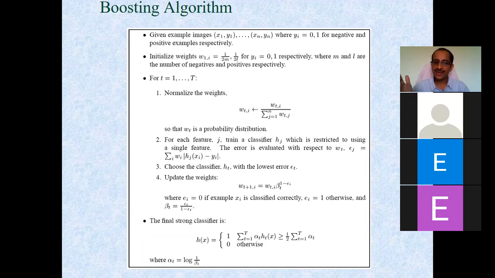Now, even the second classifier might miss some of the image face samples. Then those samples' weights will be increased in the next iteration, so that the third classifier will classify them correctly. At each stage, the combination of these weak classifiers is a finer classifier.